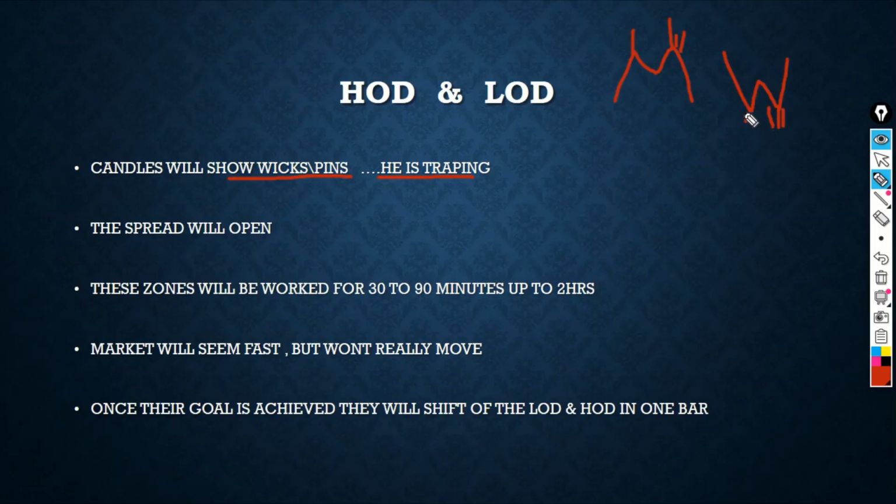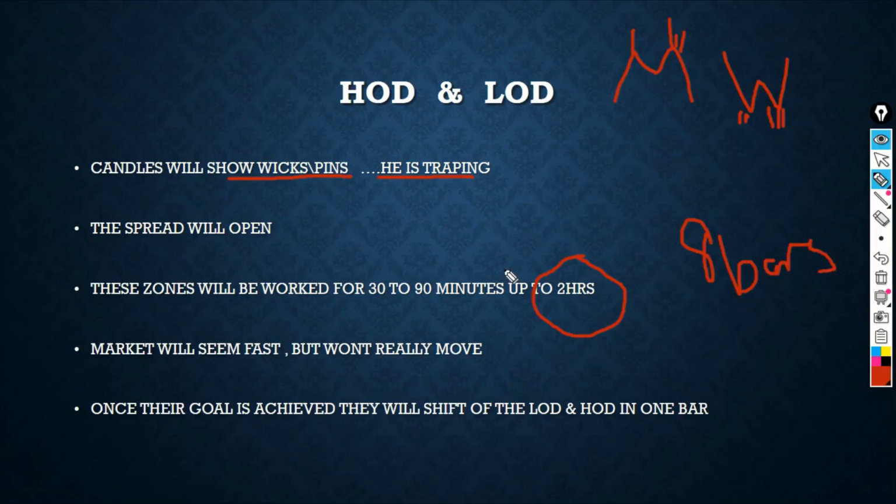This is what is happening. Okay, so the M formation zones will be worked for 30 to 90 minutes, sometimes up to 2 hours. A perfect M formation will take 8 bars, which is 2 hours. Sometimes it will be fast, 30 minutes, RRT 30 minutes, 90 minutes, Morningstar 45 minutes.